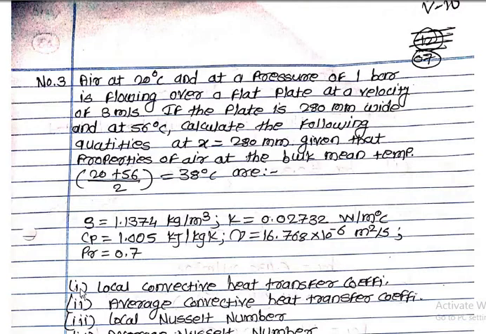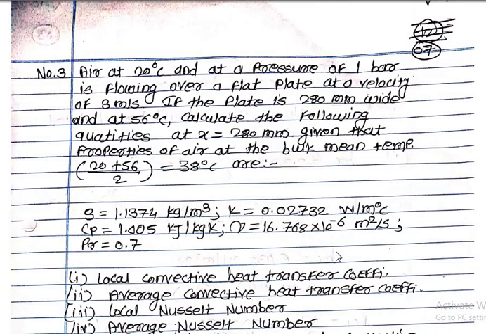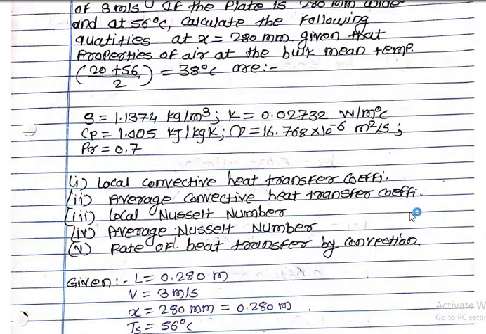Here it is asked to determine the local convective heat transfer coefficient, average convective heat transfer coefficient, then local Nusselt number, average Nusselt number, and rate of heat transfer by convection.